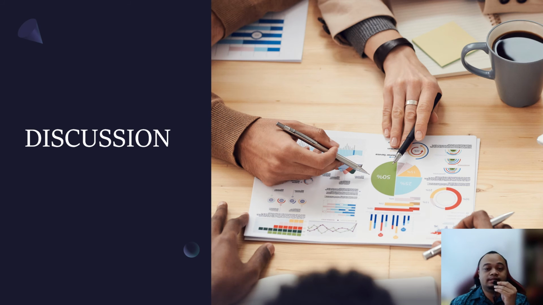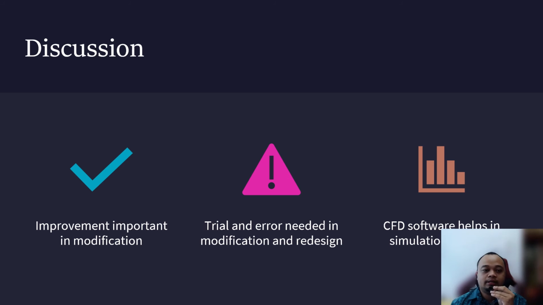So let's discuss here then. I think it should be discussed that improvement is an important element in any modification, where in this case it is the improvement of the gas mass flow rate and the back pressure created by it. The part that should be highlighted here is, since modification is a subjective subject, so is the redesigning.